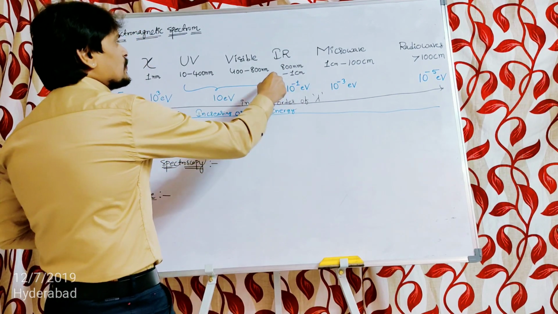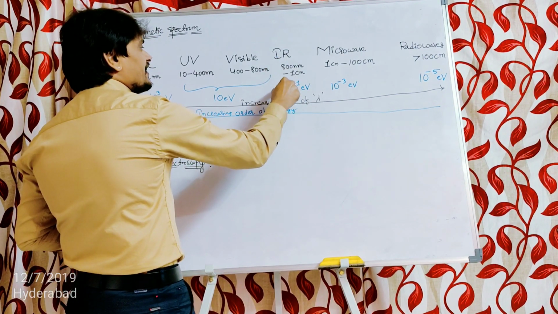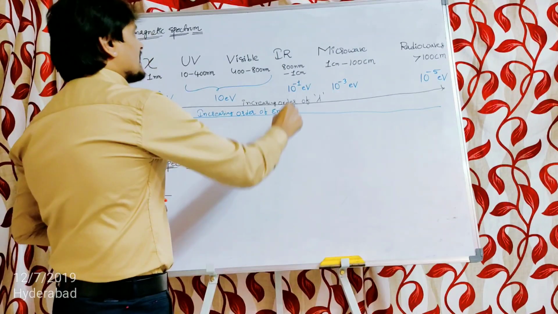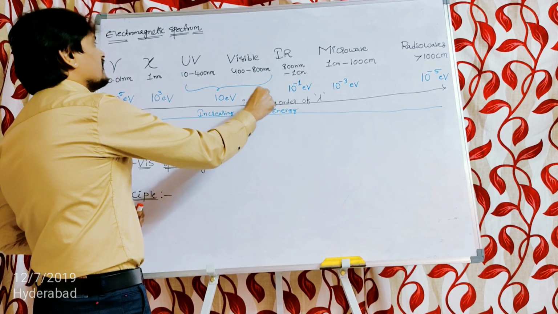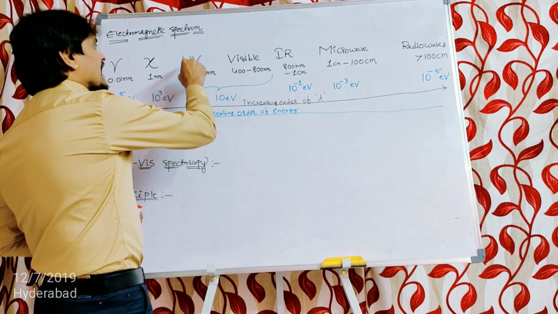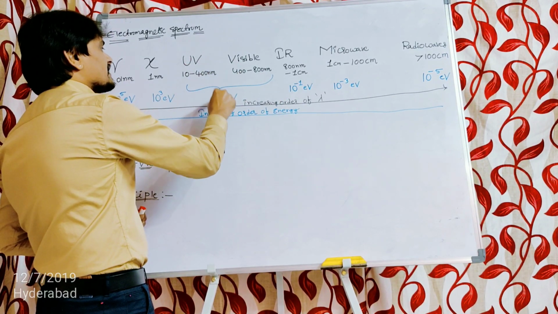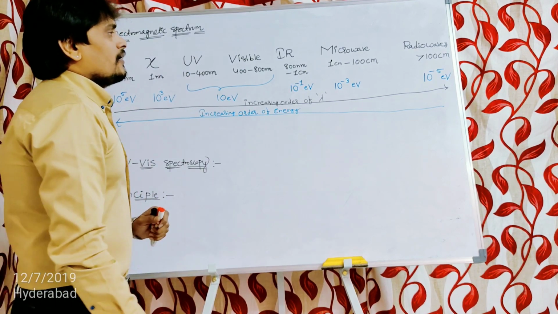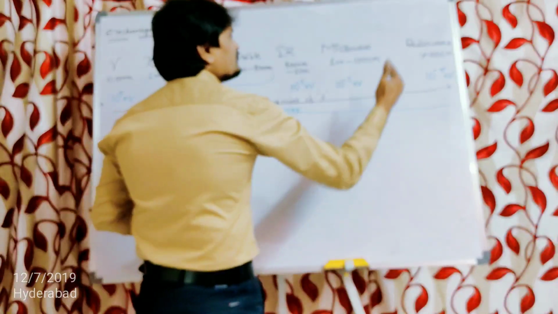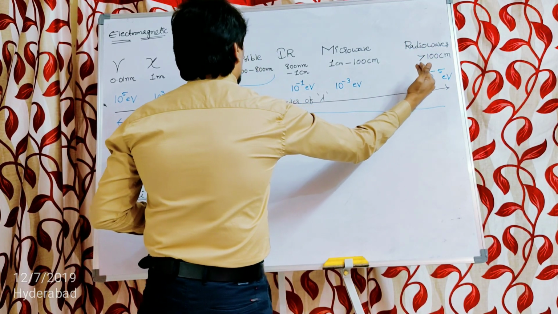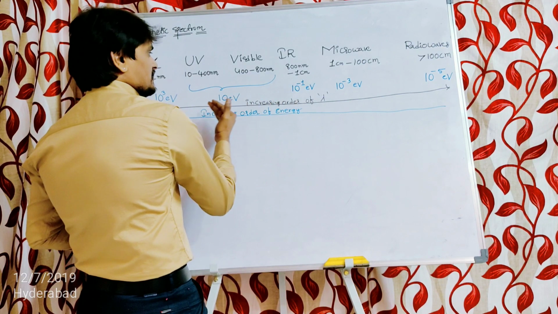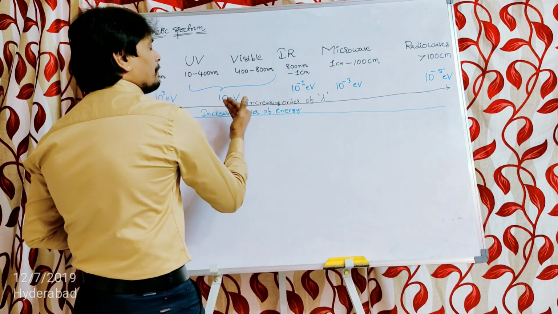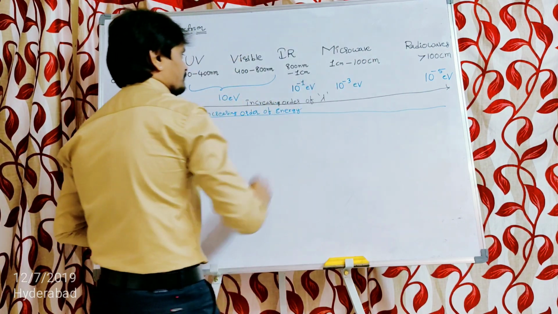The energy associated with the infrared radiation is 10 to the power of minus 1 electron volt, whereas the energy associated with the UV visible radiations is around 10 electron volt. Now, as we move from radio waves to the UV visible radiations, what is happening to the energy? Energy is increasing.